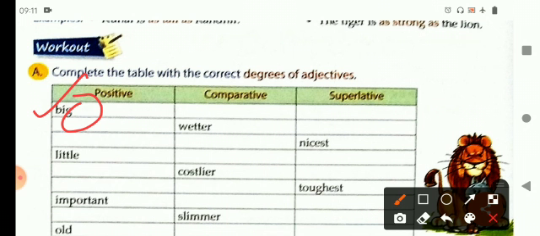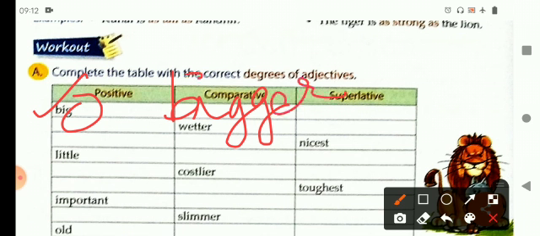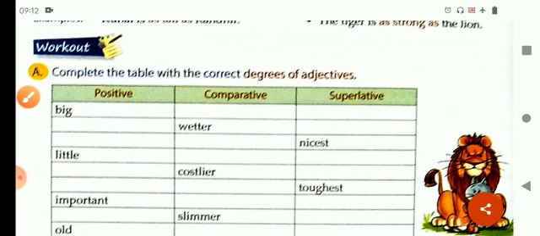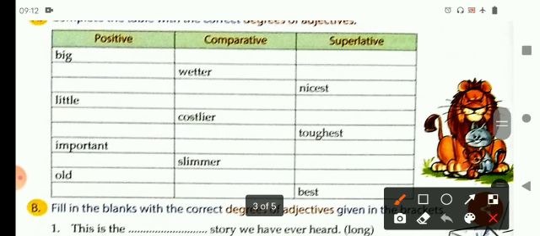If the word ends with a single vowel and consonant, the rule is to double the consonant and add er to make the comparative and est to make the superlative degree of it. So the comparative degree will become bigger and the superlative degree biggest. And in a similar way, you can do all these.